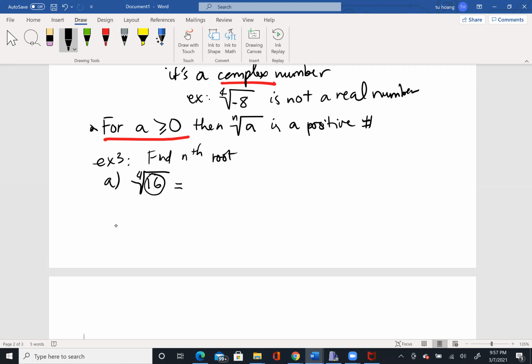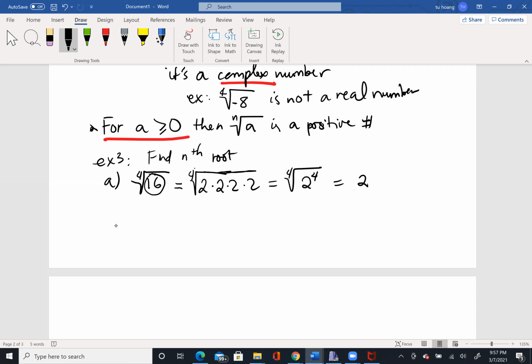Let's factor it: I have 2 times 2 times 2 times 2. And this can be rewritten as the fourth root of 2 to the power 4. And then I can right away say, oh, this is the number 2.